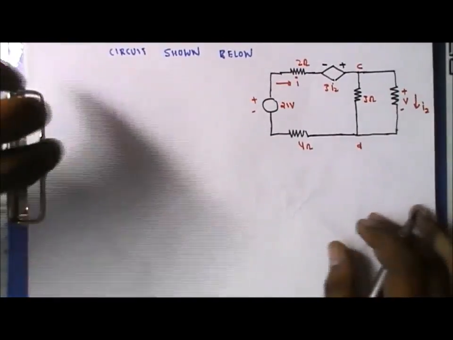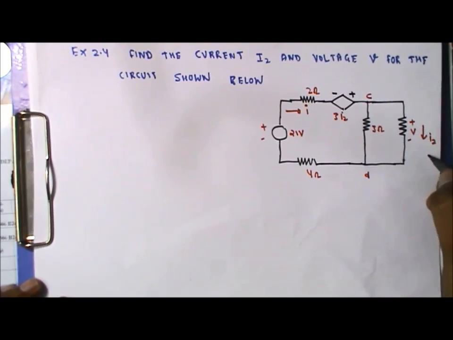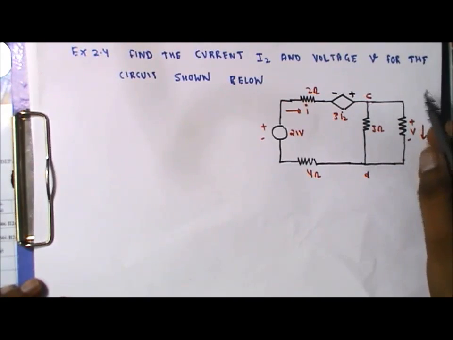Here is the question. Now we have to find the current I2 flowing in this circuit, and the voltage V. We have to calculate I2 and the voltage V for the circuit shown below.